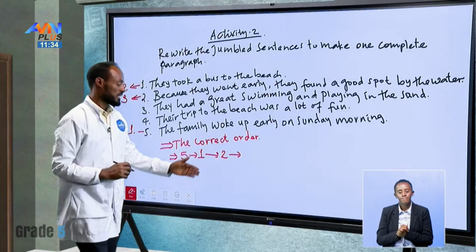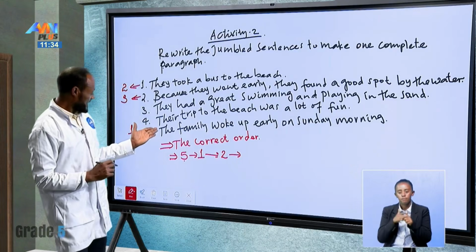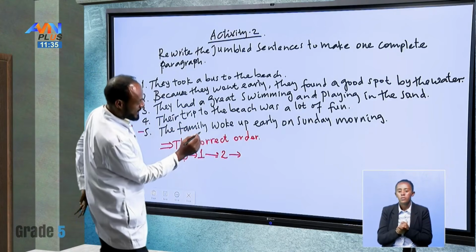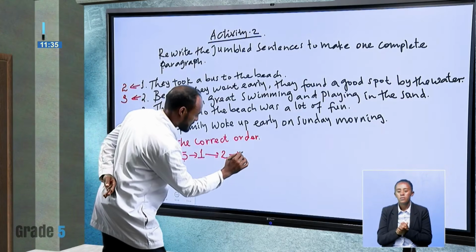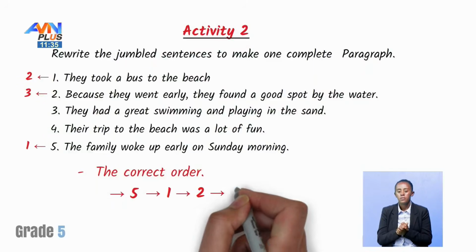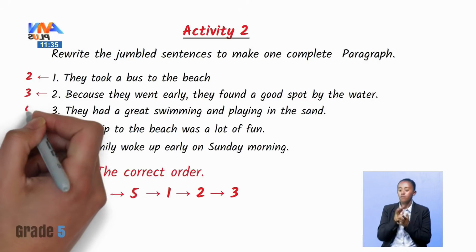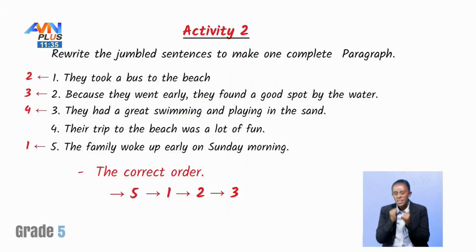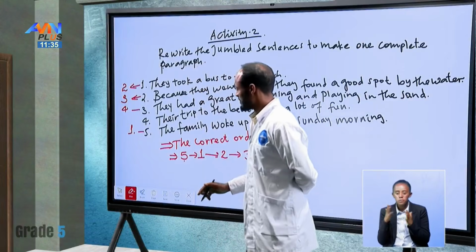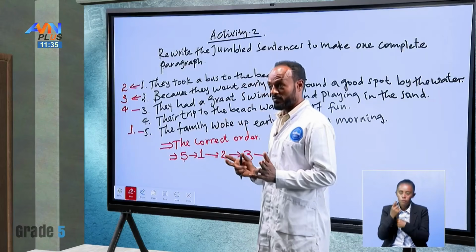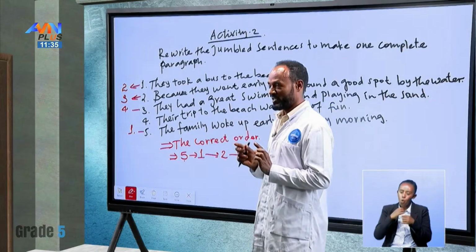What about the fourth? Yes? The fourth one should be number 3. This means this should be number 4. What about the last point? The last point means the conclusion of the paragraph, or the concluding sentence.